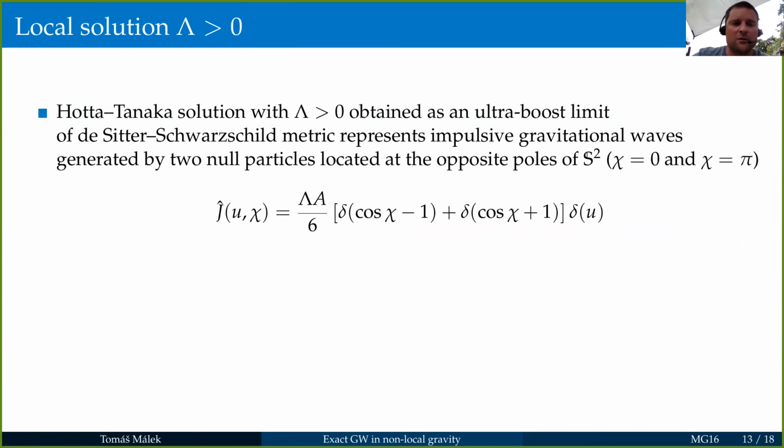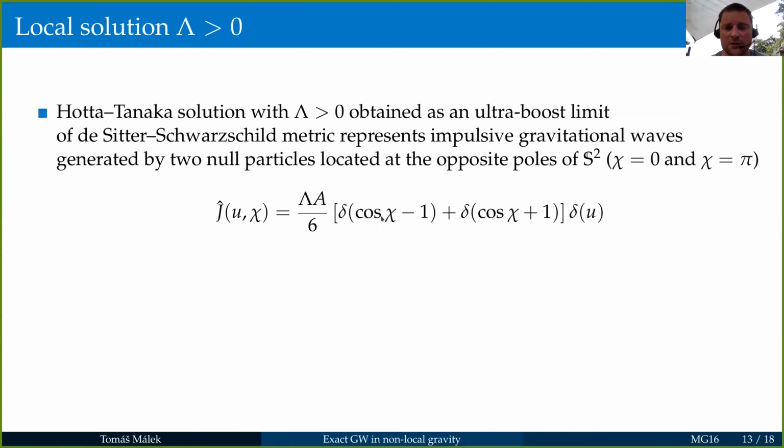Similarly, for a positive cosmological constant, we can take the Hotta-Tanaka solution, which is again a GR solution, obtained by boosting the Schwarzschild-de Sitter metric. In this case, it represents impulsive gravitational waves generated by two null particles, which are located on the opposite poles of the 2-sphere in the transversal space.